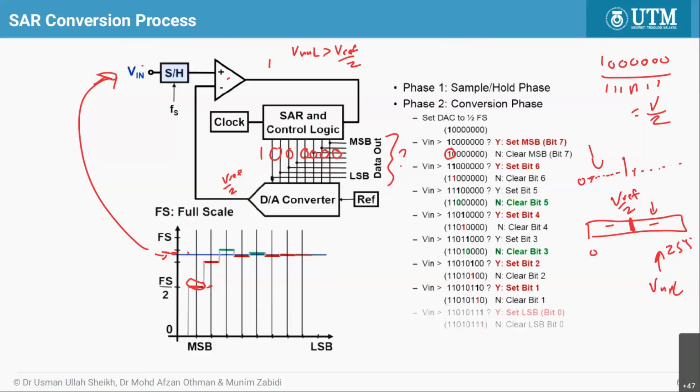So first clock cycle we just want to know what is the first bit. If your voltage is higher than Vref by 2, your first bit will be 1. So you need 1 clock cycle just to check that. Can or not?